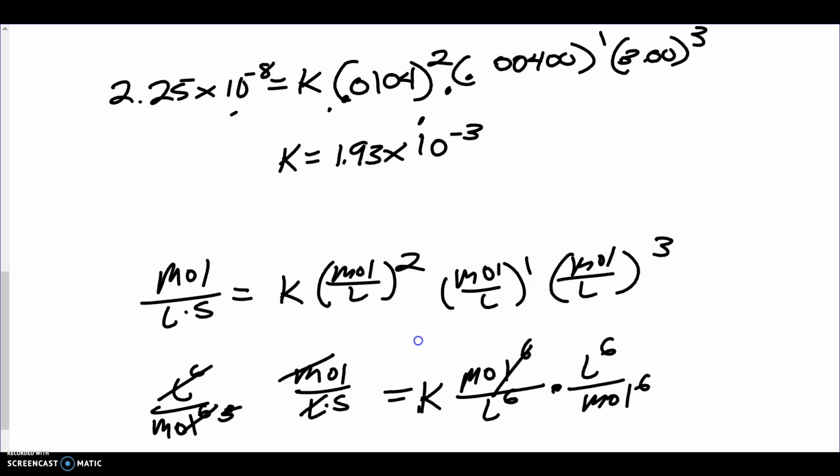And one of the liters is going to be canceled out, and we're going to be left with liters to the 5th. So what's our actual final unit? Jump back up here. Where is it? There it is. Liters to the 5th over moles to the 5th times seconds. Seconds did not cancel out. So while it's a little tedious, that's essentially where we end up.